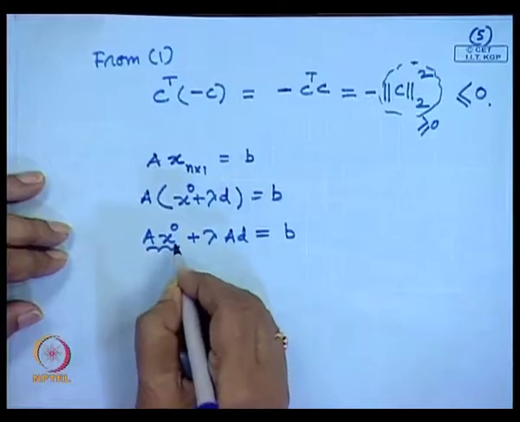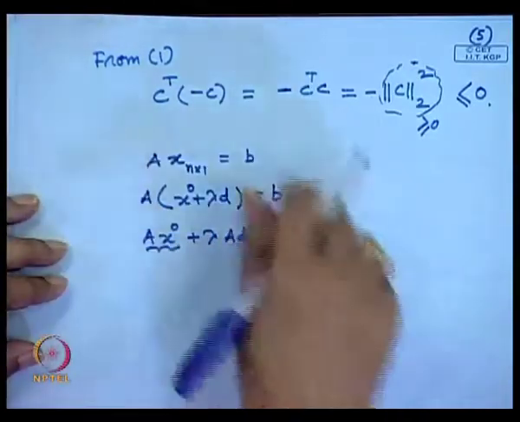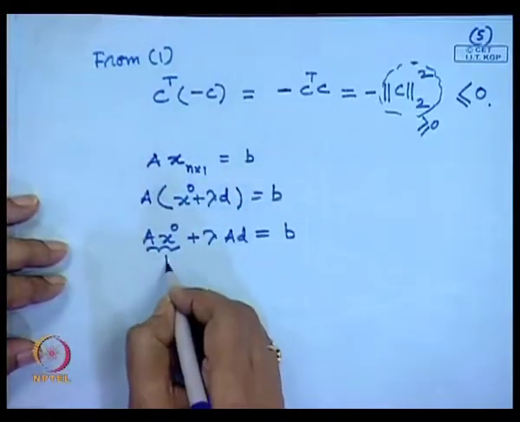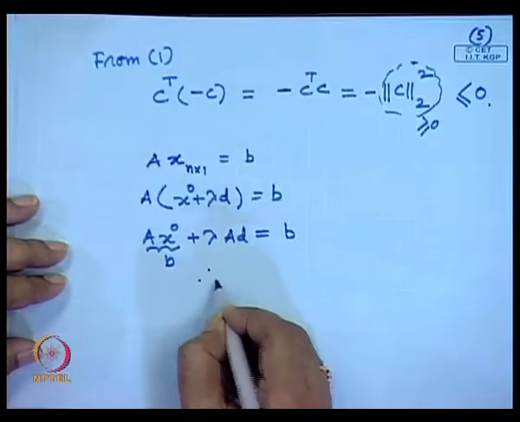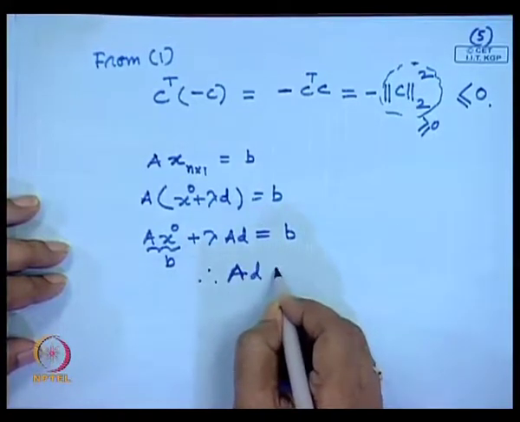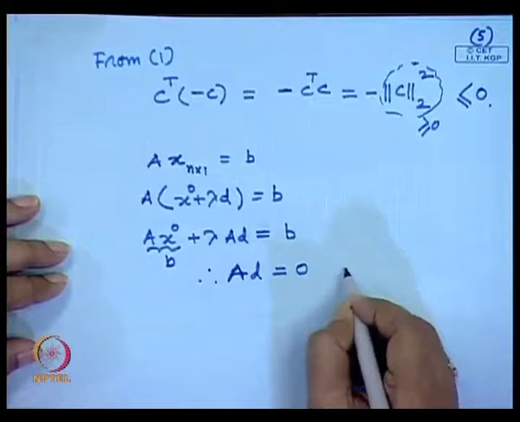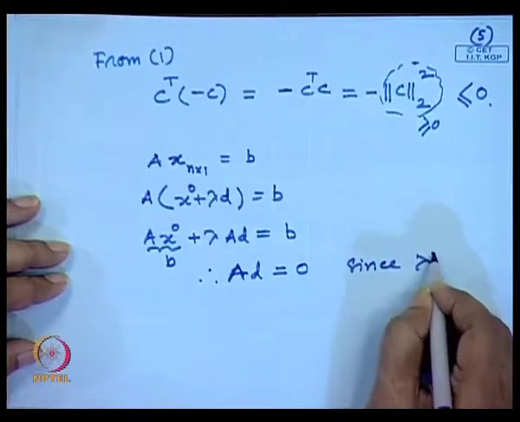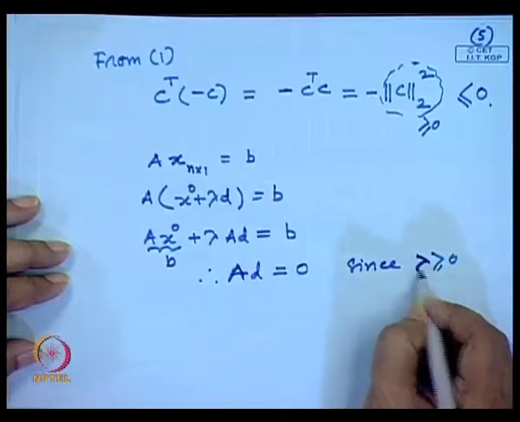Since x 0 belongs to the feasible region, an interior point, A x 0 is b. Therefore the condition is A into d is equal to 0, since lambda is greater than or equal to 0.